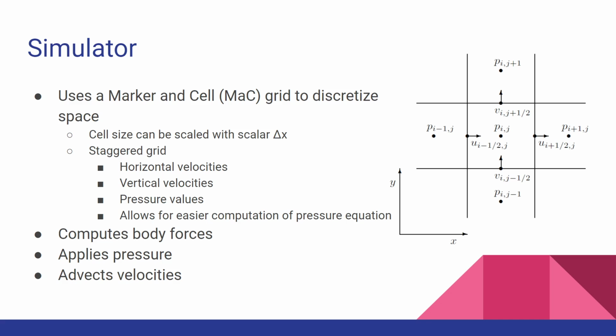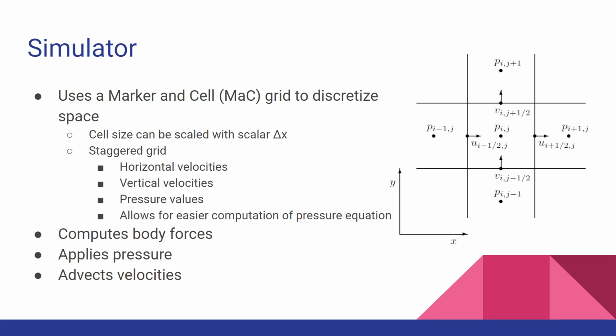We can give an overview of what a simulator does by these three steps down here at the bottom. So first, it will compute the body forces that are applied to the liquid. For us, this just means gravity. And then it will calculate and apply the pressure to the fluid. And then it will advect the velocity vectors in the velocity field that the simulator computes.